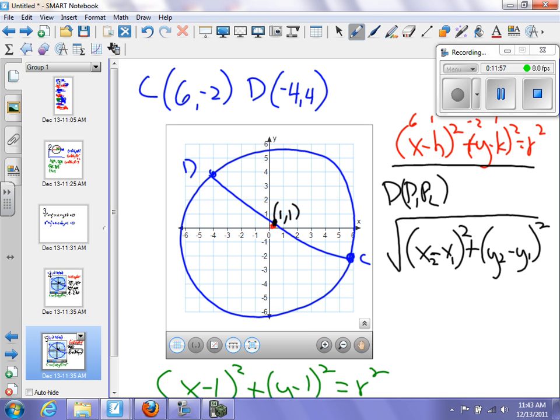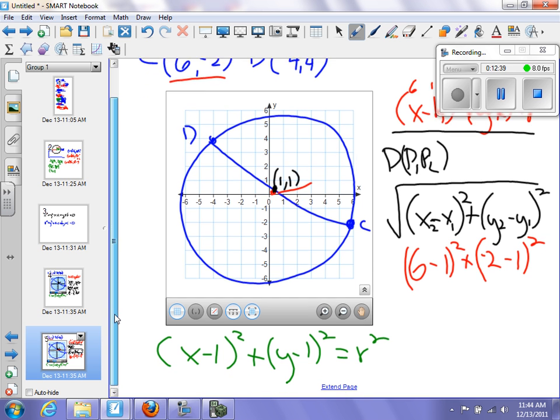Let's use my x2 as the 6 from that point there. And I'll use the x1, because I have to use the center as my other part to figure out the radius, so that is 6 minus 1 squared, plus my y value, negative 2 minus 1 squared. Did everybody follow me there? I'm just using the distance formula for this point here and for the center.